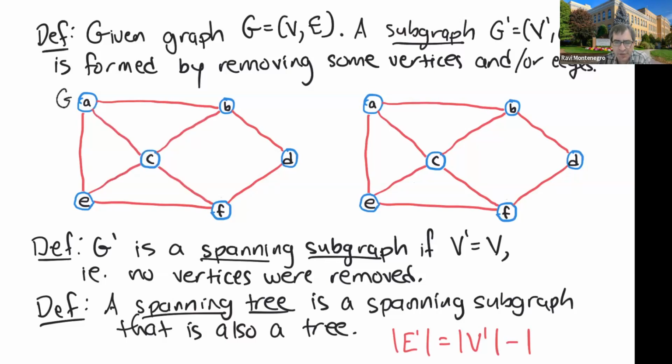Next, a spanning tree is a spanning subgraph that is also a tree. So I could have these graphs and maybe I get rid of some of the edges. Remember, I can't get rid of vertices because then it would not be a spanning subgraph. So I get rid of some edges. And here I have a spanning tree.